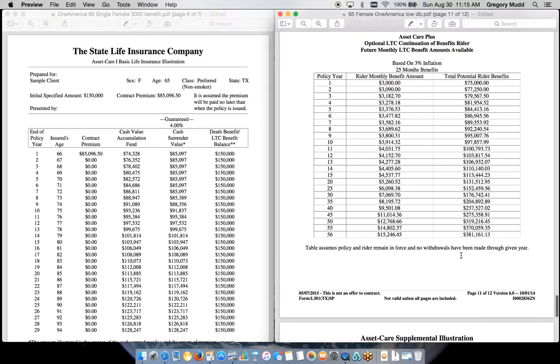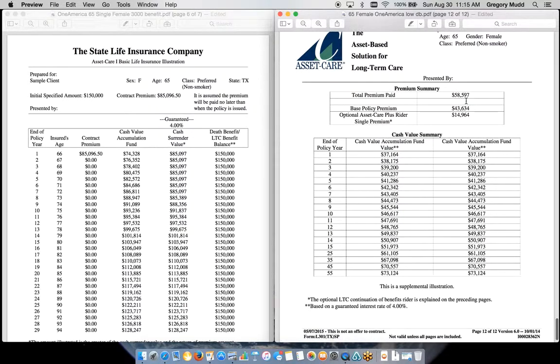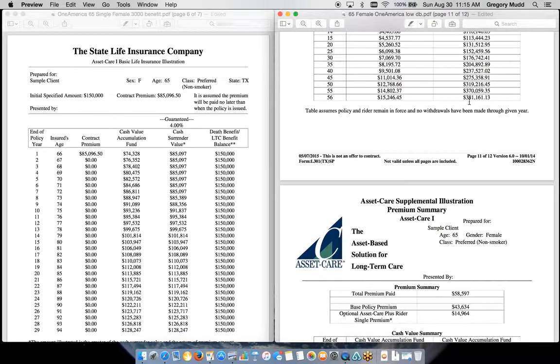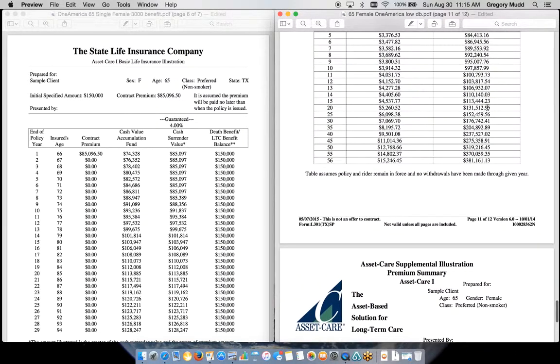So in this particular case, we've paid $58,597, and our total long-term care benefit pool in year 20 would be $75,000, that's our base policy, plus the rider, which is $131,000, which gives us $206,000 of total long-term care benefits available in year 20.